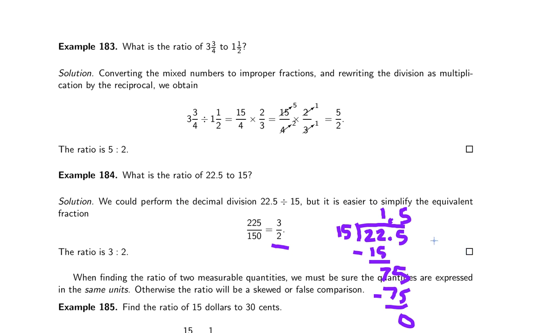As a fraction, that's 3 over 2. So we get this ratio, 3 to 2. Comparing these two numbers, 22.5 and 15, if you compare the two sizes, it's the same as 3 to 2.